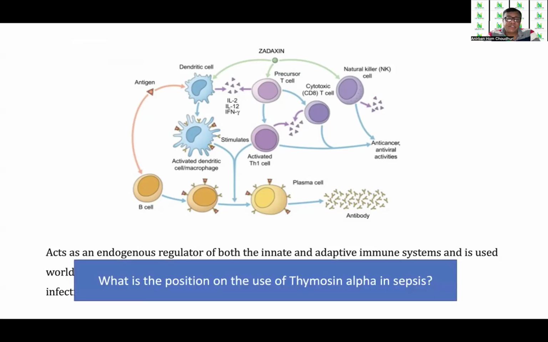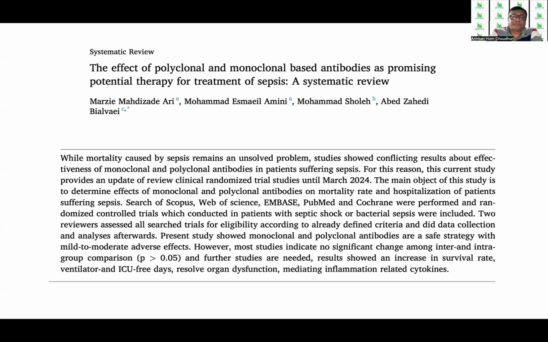So what is the position on the use of thymosin alpha in sepsis? I can say the initial reports are very promising, and it is likely to become an important addition in the armamentarium of intensivists for treating sepsis. But we need more data to come to a confirmatory response at this point of time.